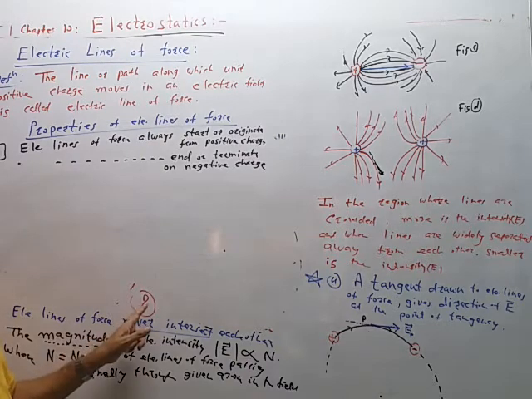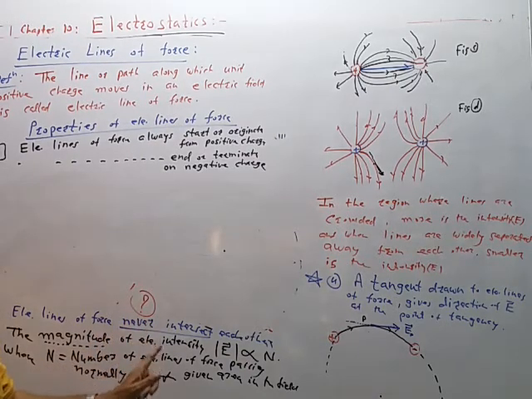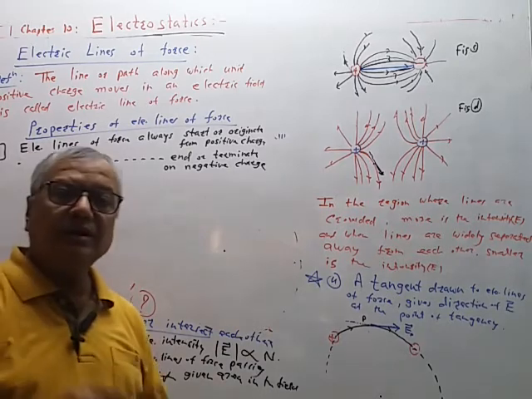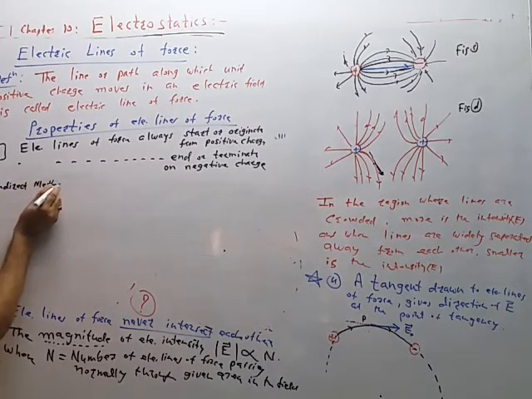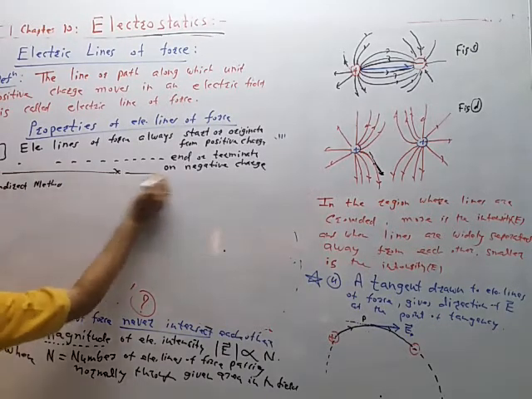Now, to extend this property, why do two lines of force never intersect each other? Here we will use the indirect method, which is also called the reduction method. In math it has many names. What we want to prove, we assume the opposite of it.